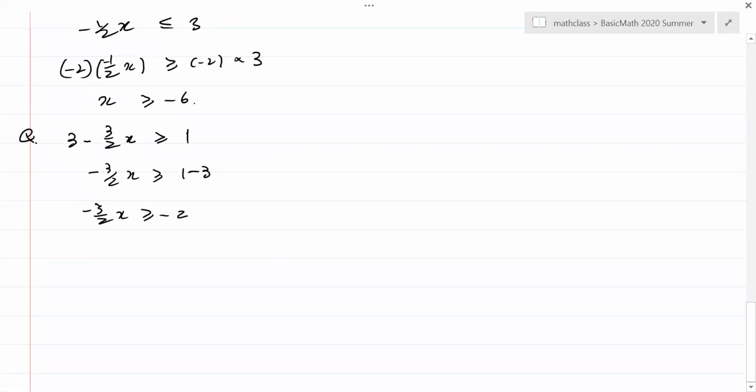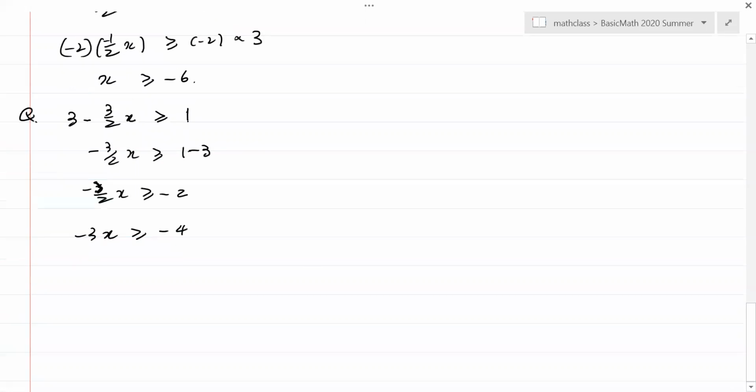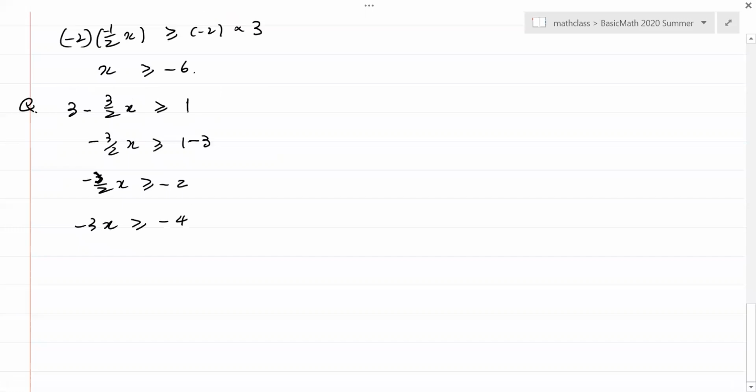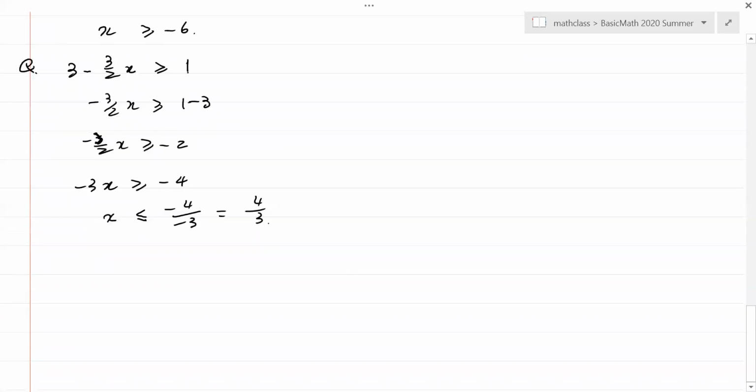Then you multiply both sides by 2, so you get -4. Next, divide both sides by -3, and you have to change the direction of the inequality. So this will be 4 over 3, and the answer will be x less than or equal to 4 over 3.